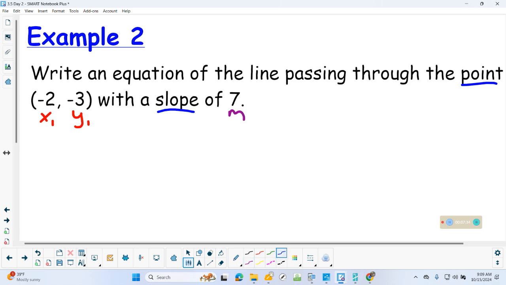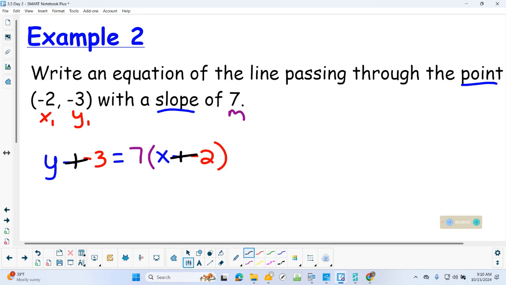So I'm going to use my point slope form. y minus the y coordinate of the point equals the slope, which is 7, times x minus the x coordinate. Now my x coordinate of the point is -2. Now, I don't like all that minus and negative, of course. I'm going to make it pluses.